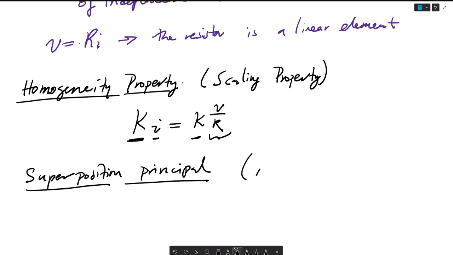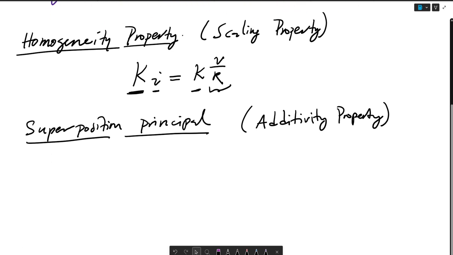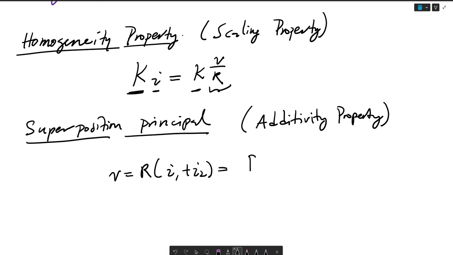This is also called the additivity property, where if I have a voltage V equals a resistor times the current I1 plus I2, I can distribute that R into R I1 plus R I2, which equals V1 plus V2.